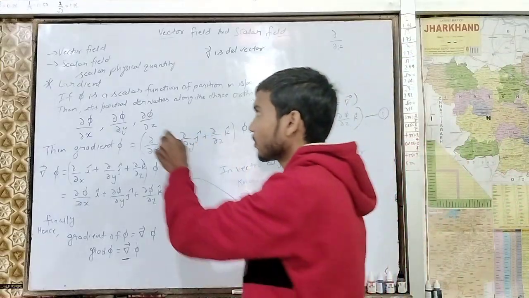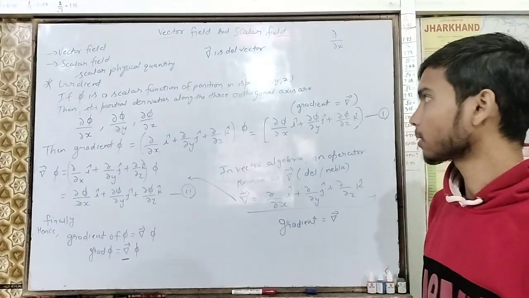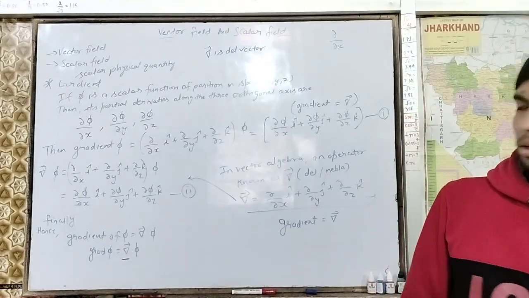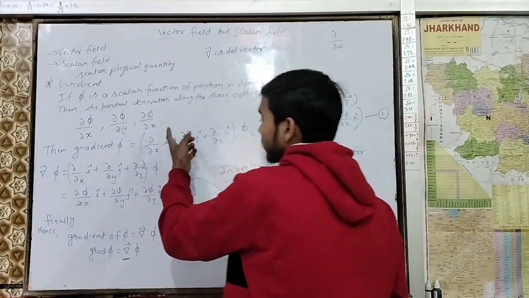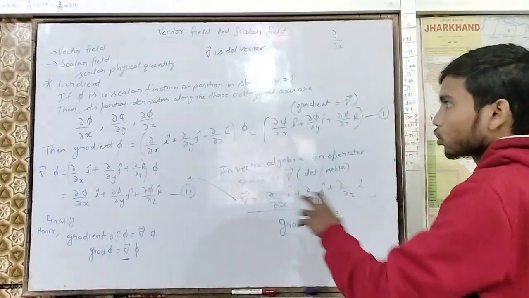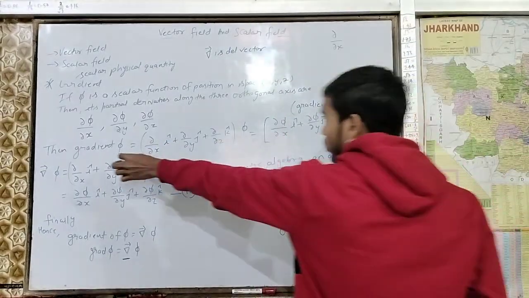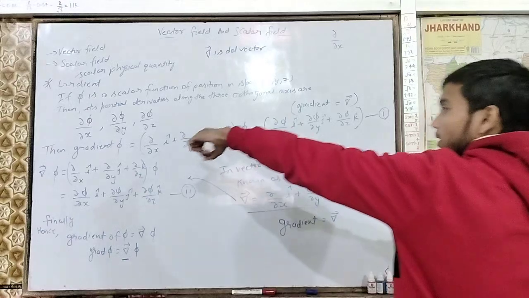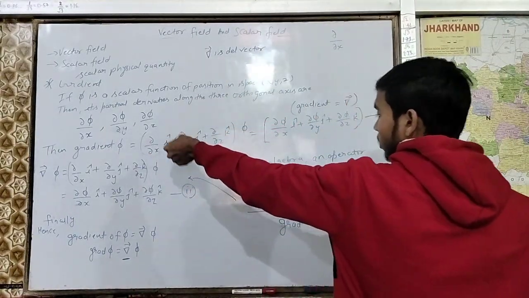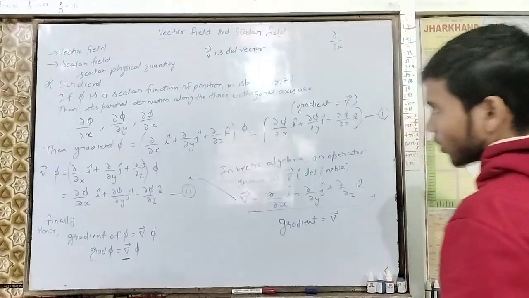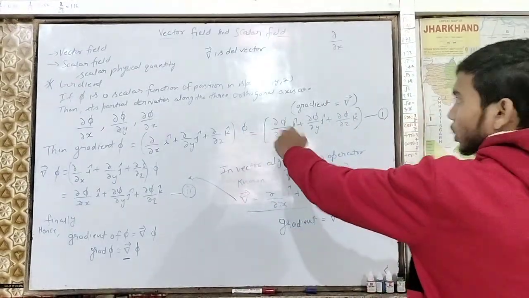Since we have partial derivatives, that is nothing but d upon dx, d upon dy, and we multiplied by phi. Then the gradient of phi will be equal to the del operator, which we used here with direction, like i cap, and then into phi.